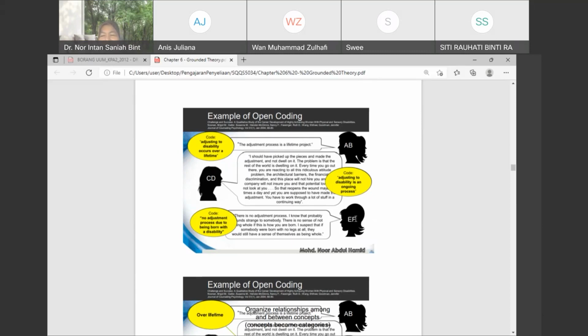We require a person who is an expert in that area. Okay, so like in my case, the research that I'm trying to propose, which I am persuading Ilya and Anis on, that's why I invite a person who is an expert in psychology, Dr. Marini, and I also invite one of the secretaries from UIA to validate our instrument, inshallah.